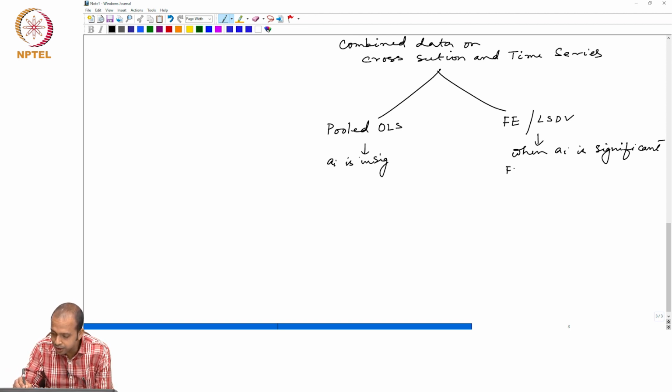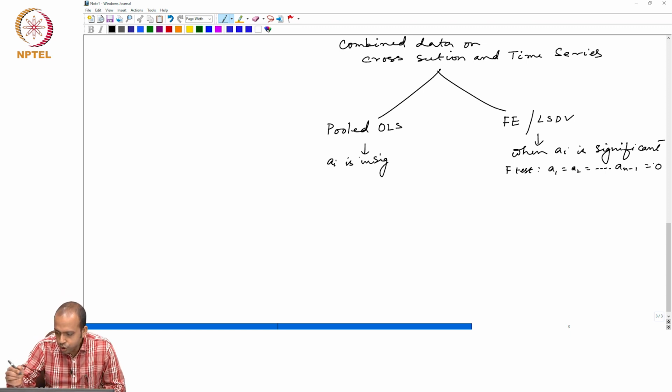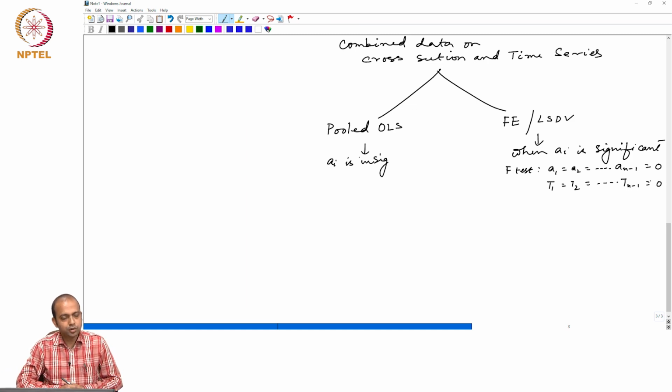How do you check whether a_i is significant or not? We need to apply an F test to check whether a_1 equals a_2 equals dot dot dot a_(n-1) equals 0 or not. Or if it is a two-way error component model, then whether T_1 equals T_2 equals T_(n-1) equals 0 or not. So, we need to check whether there is a presence of significant individual specific or year specific heterogeneity.